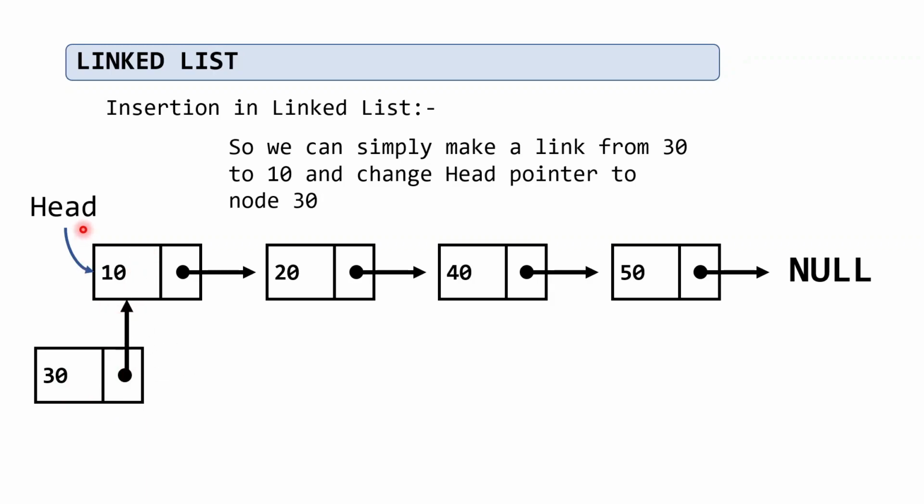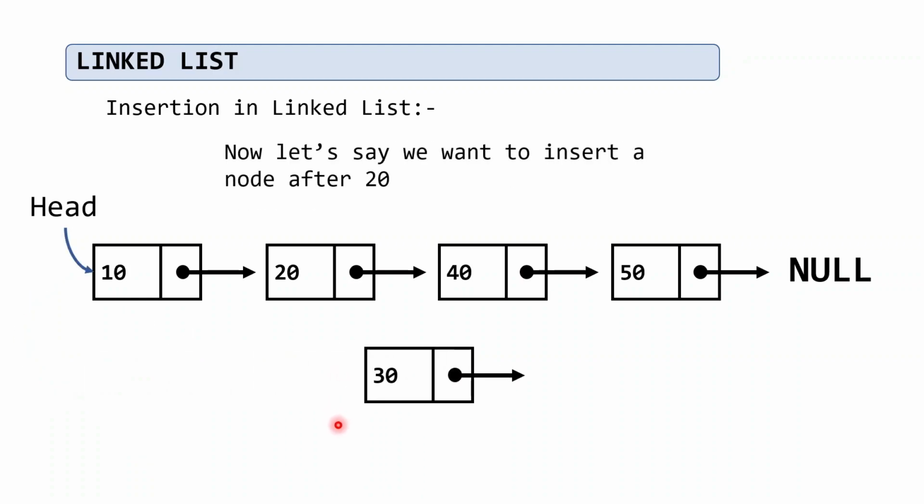And we can change this head pointer to node 30 like this, so that when we traverse our list, 30 will be traversed first, then 10, then 20, then 40, then 50, which means we have inserted the data 30 before 10.